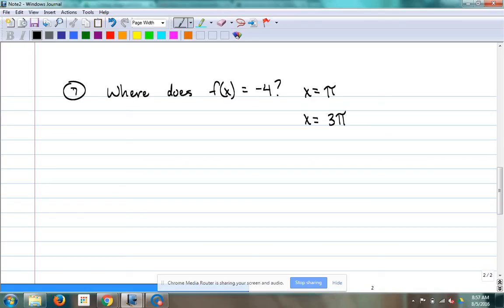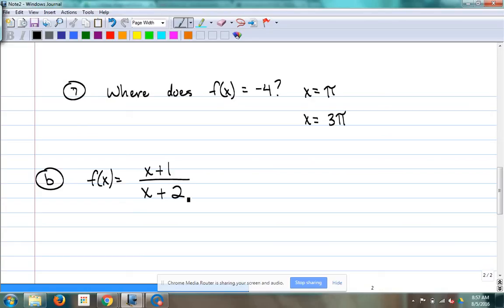Let's look at what if they don't give us a graph and they start asking us a bunch of questions about it. Example B. Finally getting away from that graph I handed you and going to another problem. F of x, and let's get something familiar, kind of like what we did yesterday.